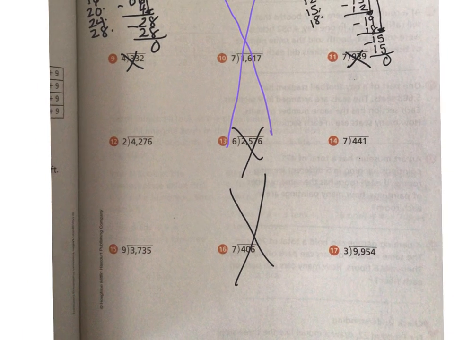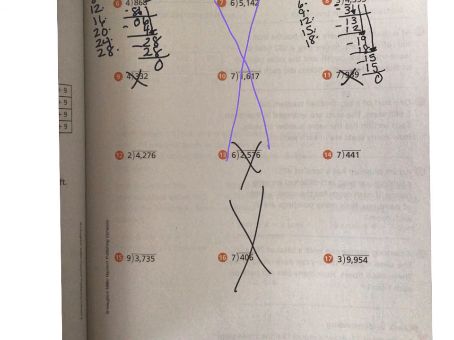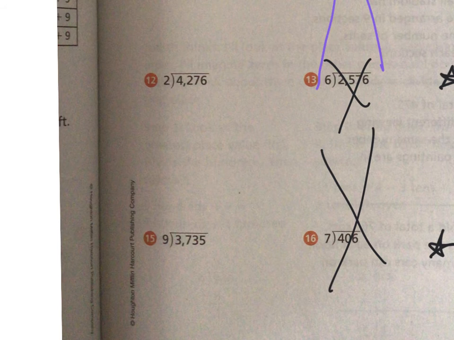We're going to do one more together, okay, and then I'm going to have you do number 14, put a star by this one, and number 17, okay? That should be perfect for you, and then we'll work on number 12 together.